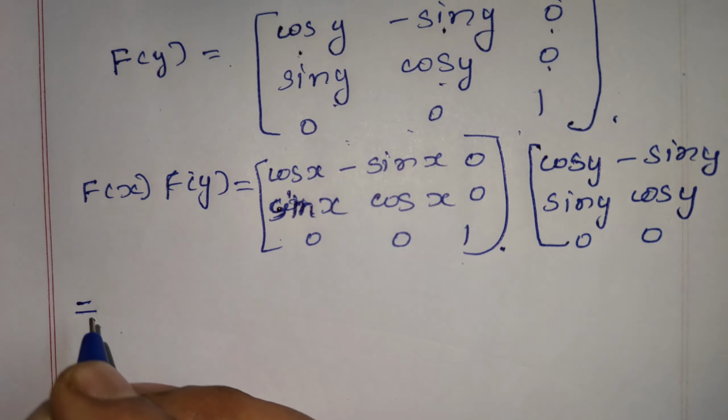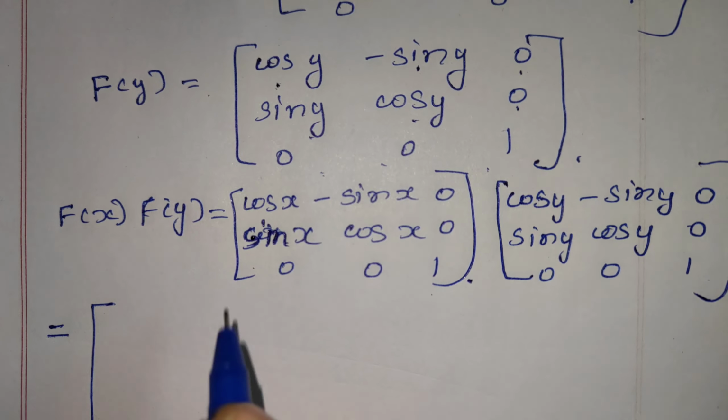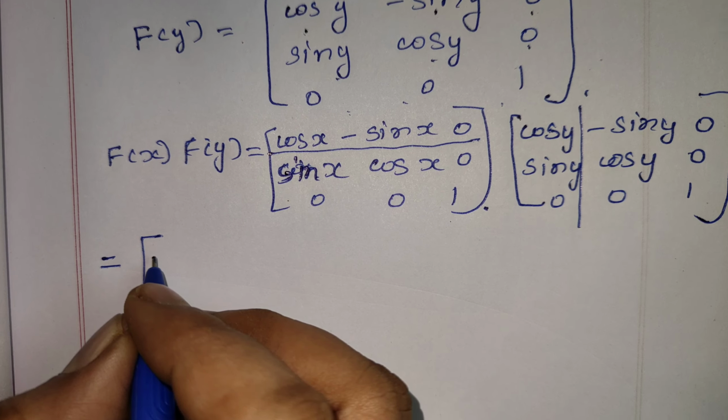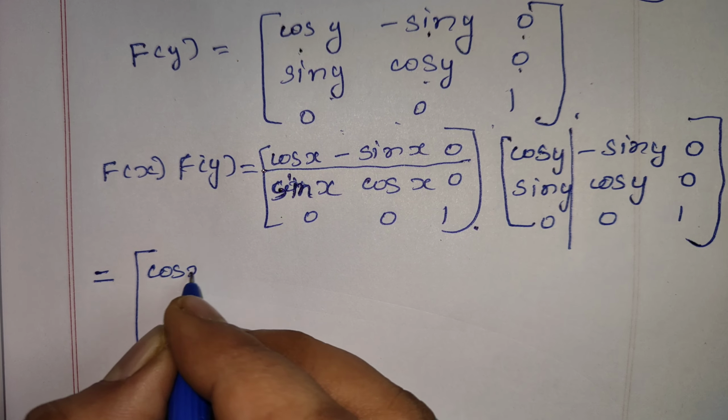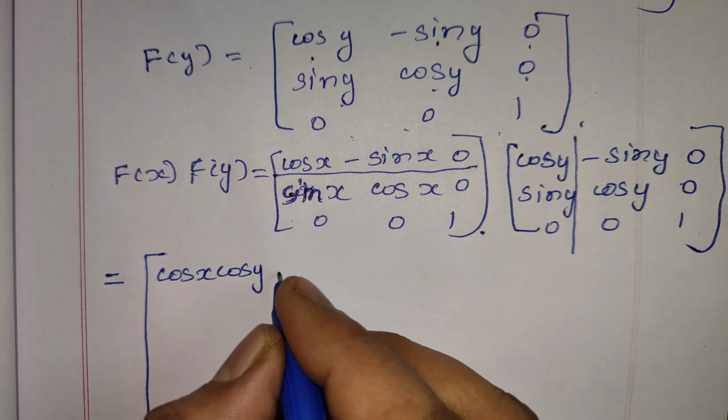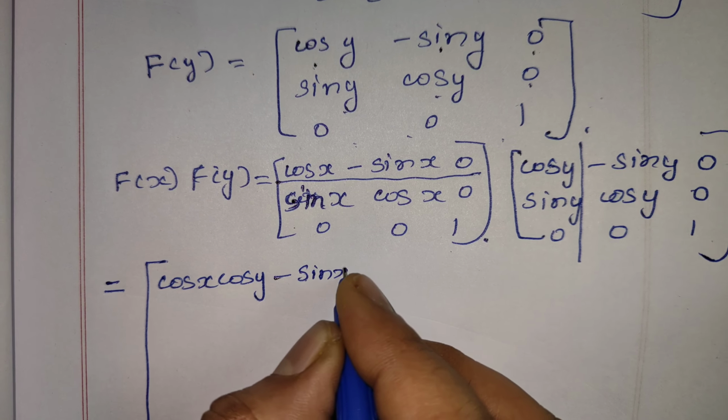Now first row first column: cos x into cos y, cos x cos y, then minus sin x sin y.